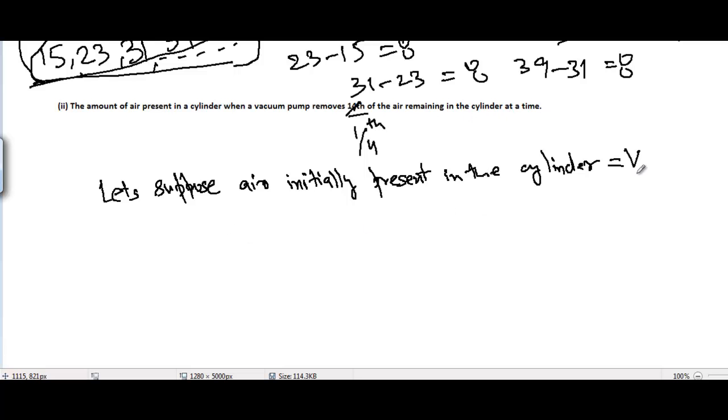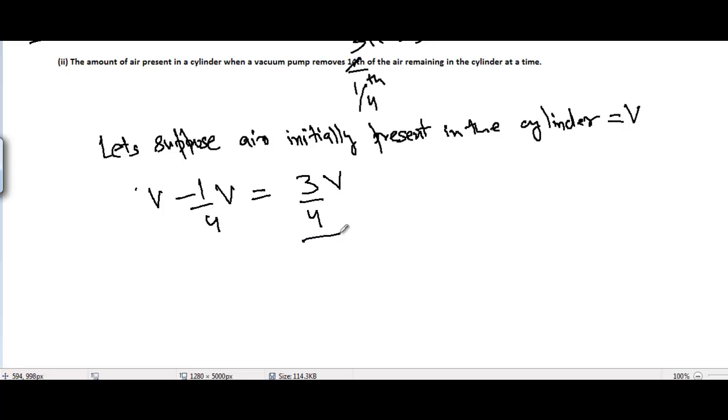So if we remove 1/4 of the air from this V, we will get V minus 1 by 4 V, which is equal to 3 by 4 V. So next time we will have 3/4 V of the air present in the cylinder.